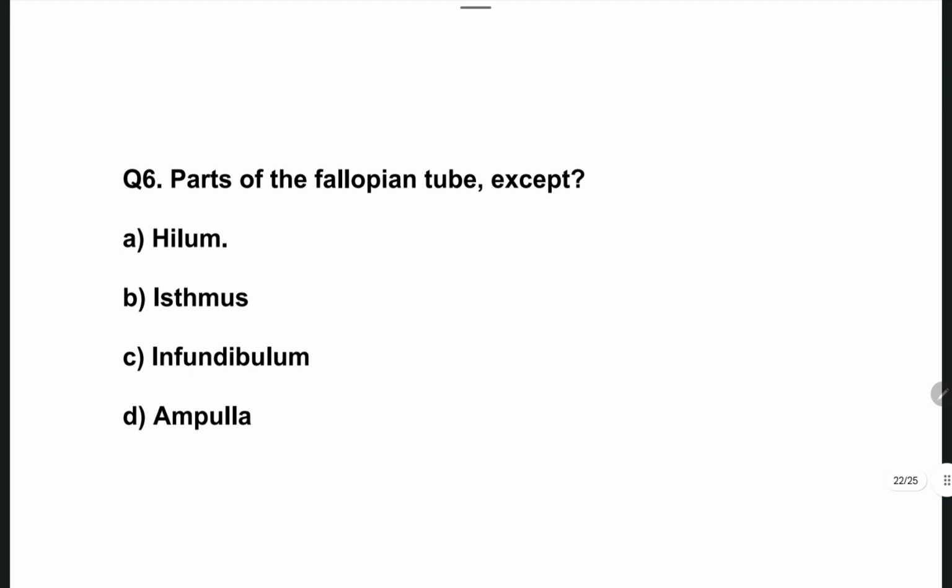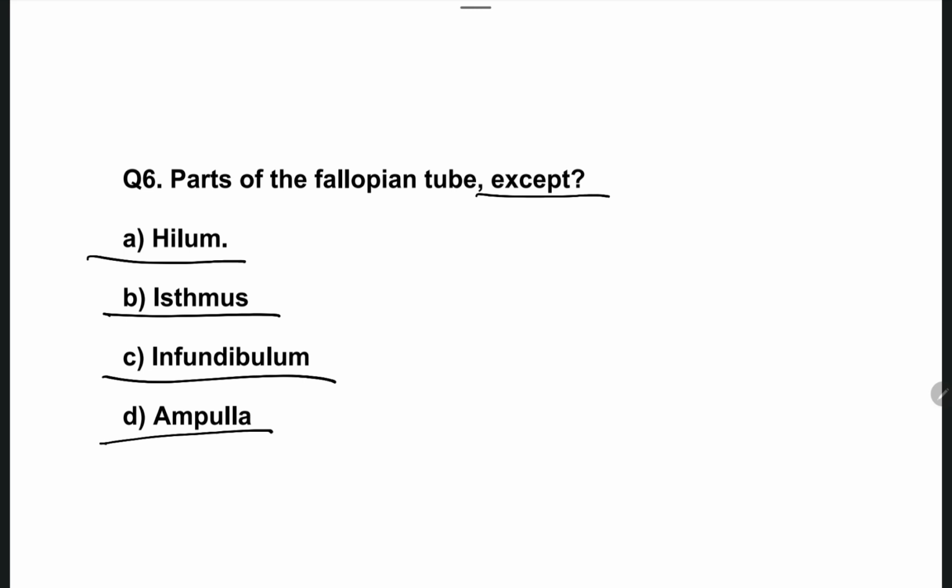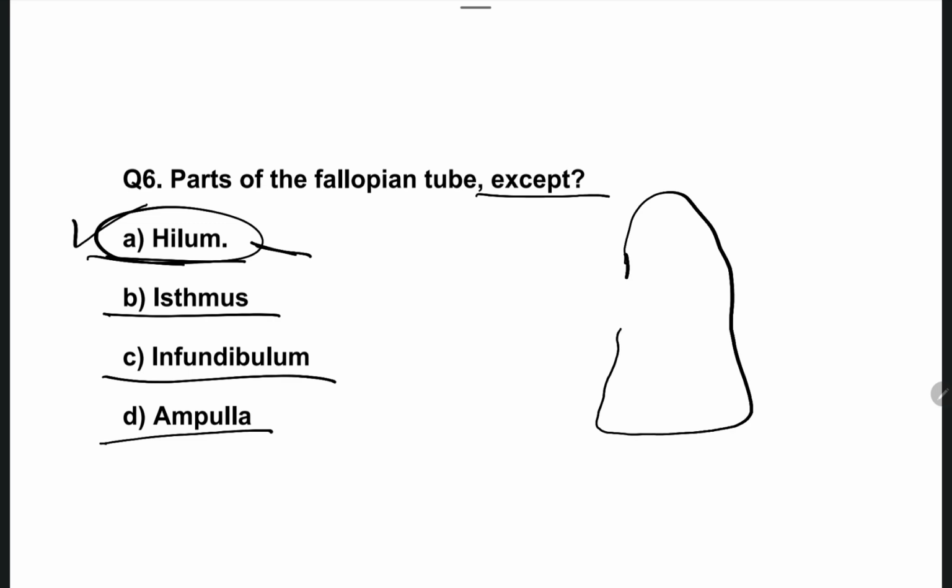The next one is parts of the fallopian tube except, options are hilum, isthmus, infundibulum, ampulla. The right one is option A, hilum. So hilum is not present in the female reproductive system, but this hilum we can see at the entrance of the lung. Okay, entry of the bronchi and pulmonary arteries and veins.